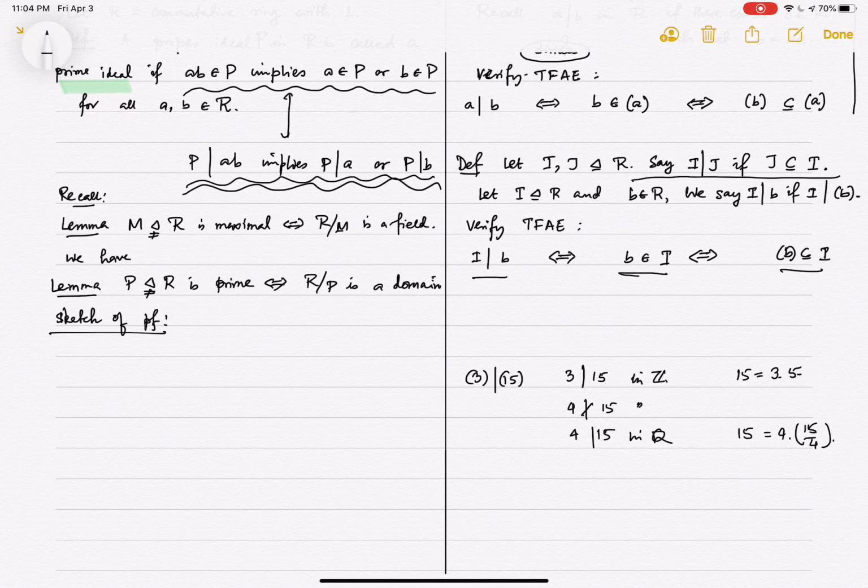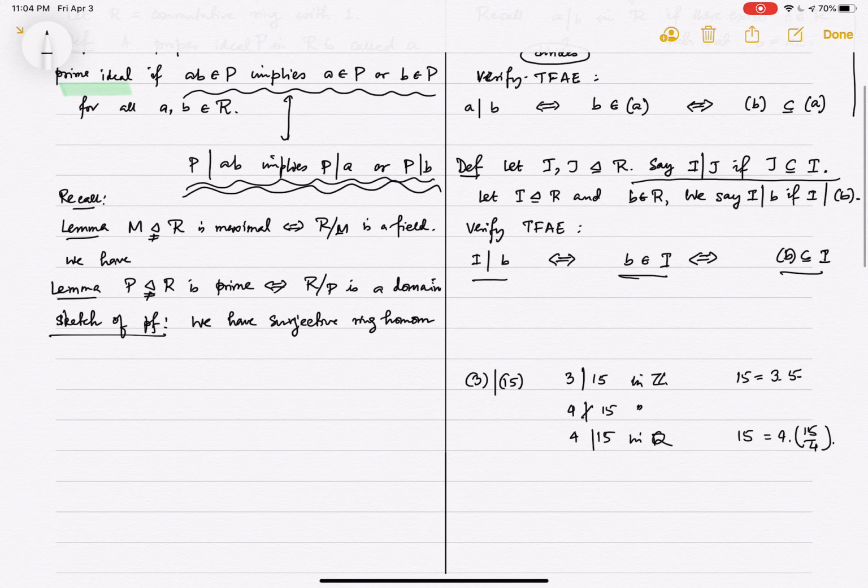You see, we have this surjective ring homomorphism. So you have to relate something in R with something in R mod P, and this surjective ring homomorphism from R to R mod P is called the quotient homomorphism. What does it do?